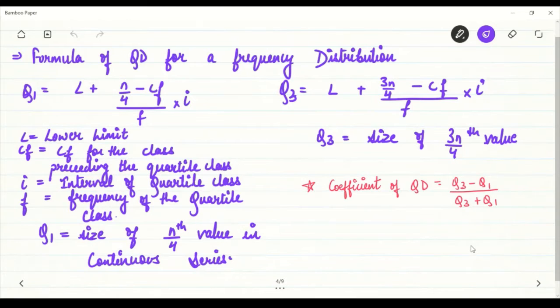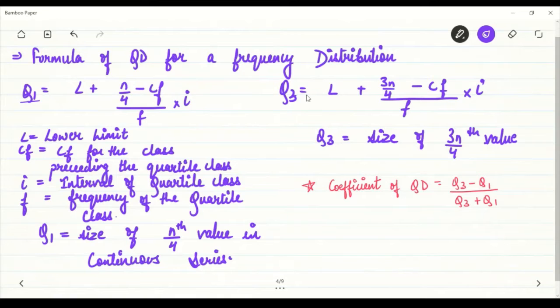There is another formula to calculate quartile deviation for a frequency distribution. It represents Q1 as L plus (n by 4 minus Cf) upon f into i, where L stands for lower limit, Cf stands for cumulative frequency of the class preceding the quartile class, i represents the interval of the quartile class, f represents the frequency of the quartile class, and Q1 is the size of n by 4th value in a continuous series.